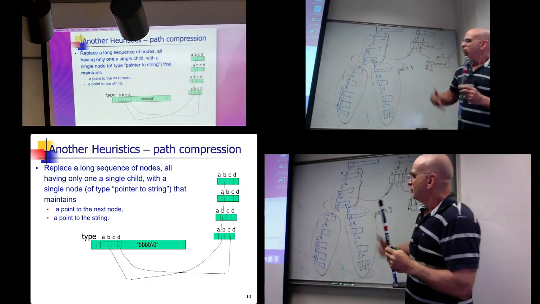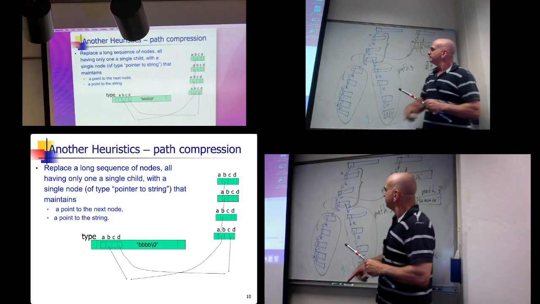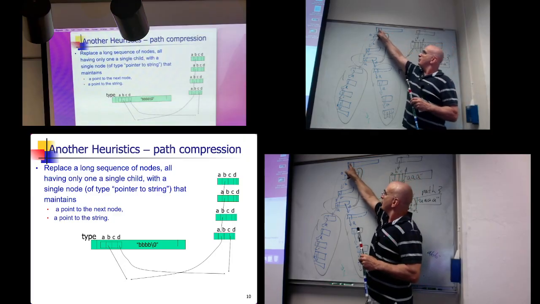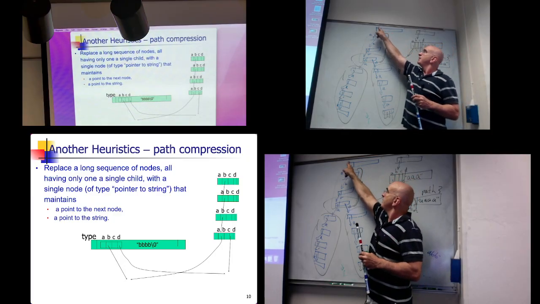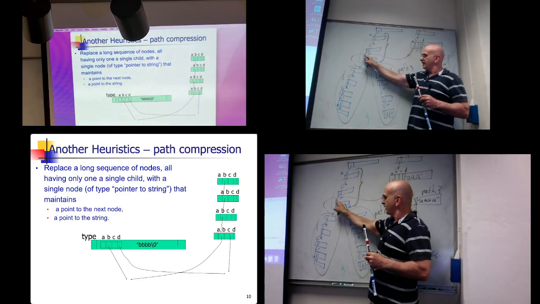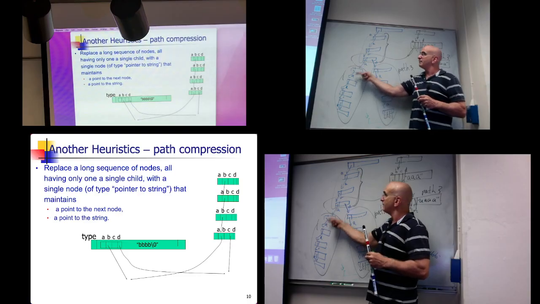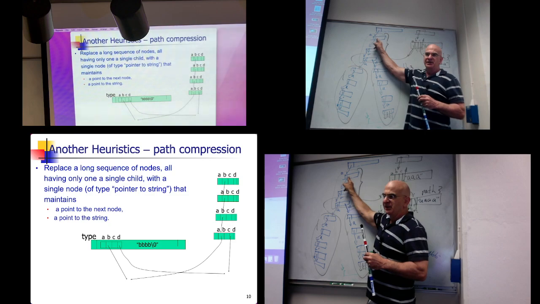Okay. But as you know, no free lunches. You're saving memory, but in return your program is less and less simple. Because now when you're following a path, either in order to insert or to find or to delete somebody, you have to check for each node which type it is, and each type is treated differently.